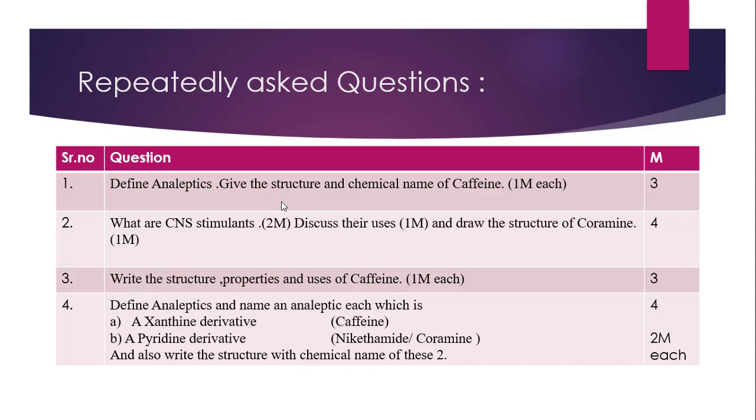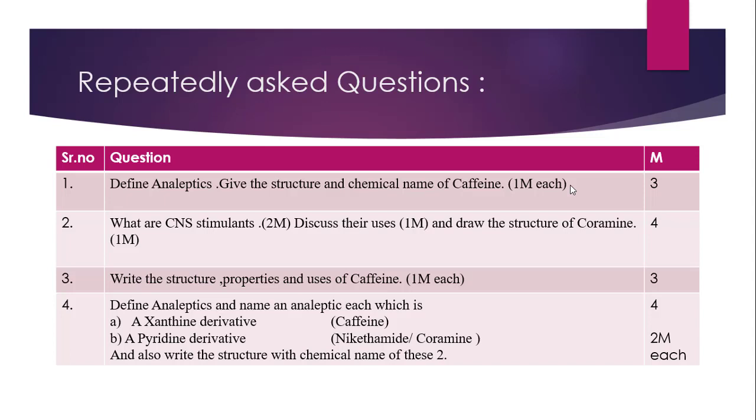It belongs to the natural class, obtained from a natural source, and is also known as methyl xanthines, that means methyl derivatives of xanthines. So we are supposed to give the structure of it along with the chemical name. Definition carries 1 mark, structure carries 1 mark, chemical name carries 1 mark, and the total question carries 3 marks.